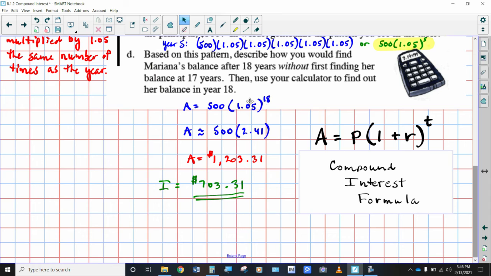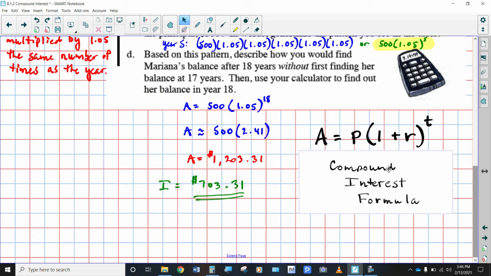And remember, the 1, that was like when we were saying 100% of the previous balance plus an additional whatever your interest rate is. We will always find the interest rate and add it to the number 1 and write it as your multiplier here. And then your time is the number of times that it has been compounded.